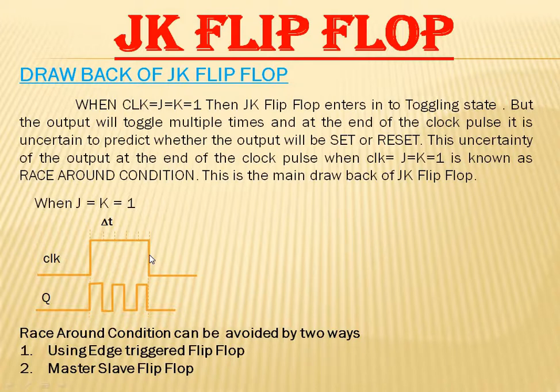Suppose if we use a level triggered JK flip-flop, the output toggles n number of times before the clock pulse becomes inactive. By this, how many times it has toggled we cannot predict. That means it is uncertain to predict whether the output will be in set state or reset state. This uncertainty of the output at the end of the clock pulse when clock is 1, J is 1, K is 1 is known as race around condition.